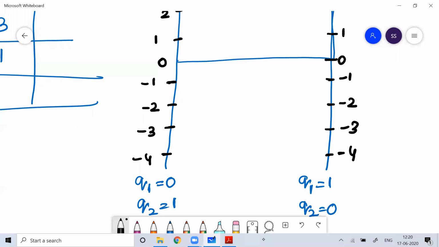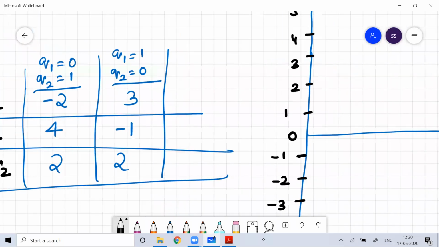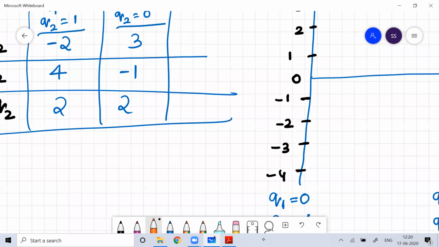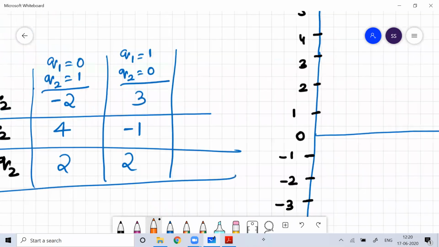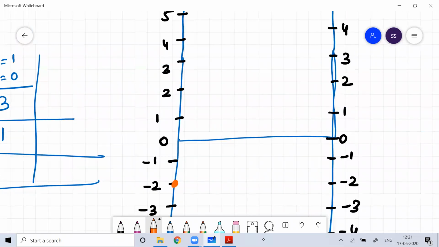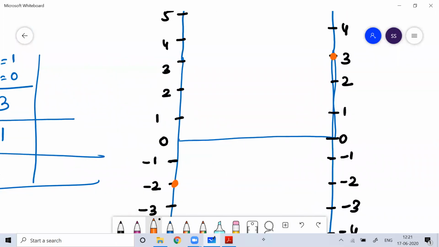Okay, so this is q1 minus 2, this is q1 0, q2 1, this is minus 2, and this is q1 1, q2 0, this is 3. Okay, so draw a line like this.